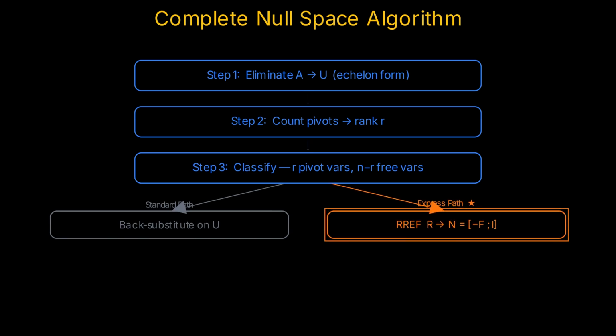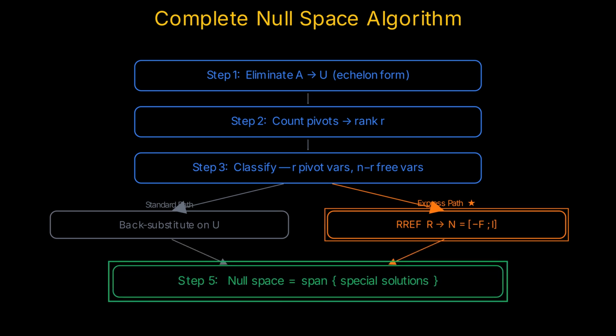The express path: continue elimination all the way to reduced row echelon form, read off F, and write down the null space matrix N immediately as negative F on top of the identity. Either path leads you to step 5. The null space equals the span of the special solutions. The express path through RREF makes step 4 completely mechanical. No back substitution needed. And importantly, this algorithm works for any m by n matrix of any rank.